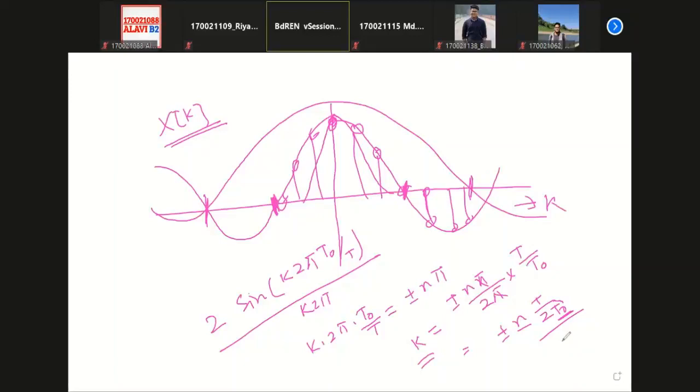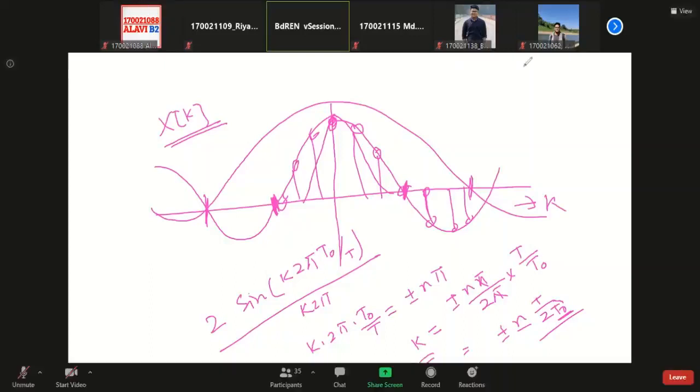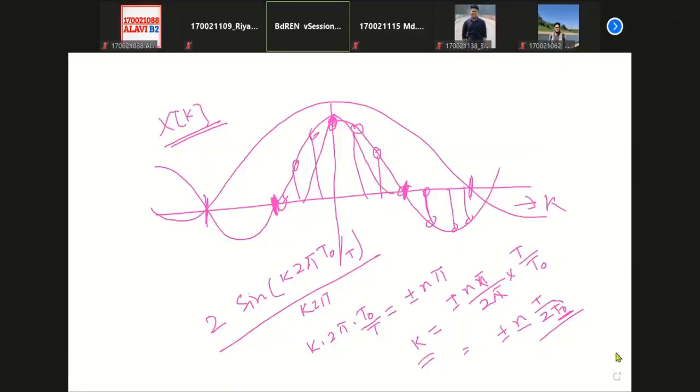But if the signal duration is longer, it will take less bandwidth. For this reason, for high speed signal lines where the pulse duration is very small, the bandwidth should be larger, otherwise your signal cannot be transmitted.